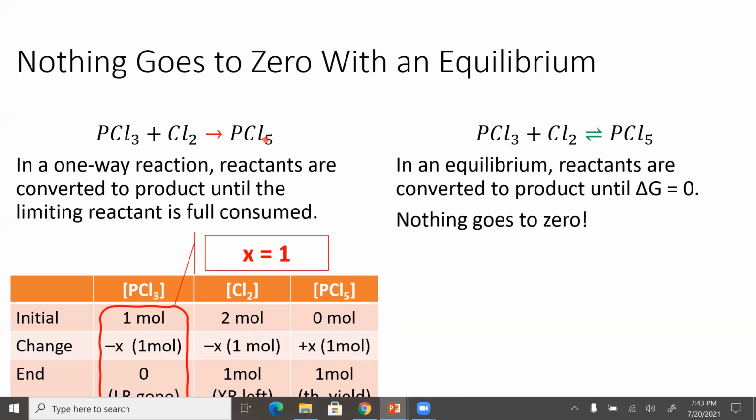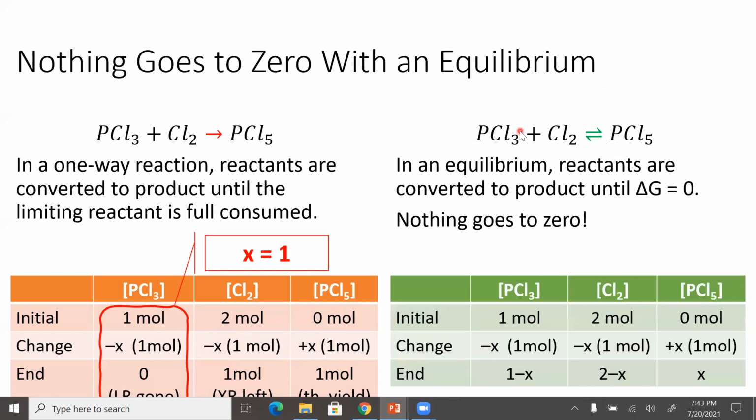But this reaction is actually a reversible reaction. We don't end up consuming anything. So we're going to look at a slightly different ICE chart: initial, change, end.